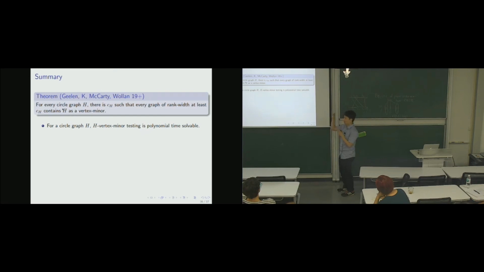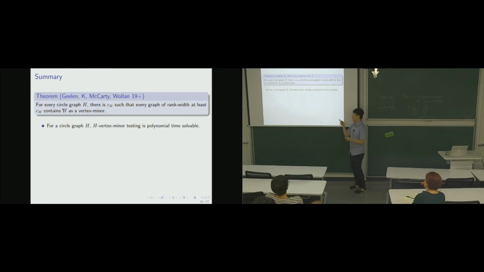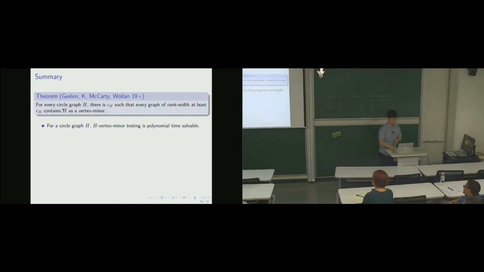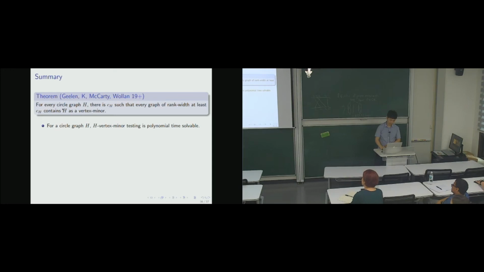So there should be some function there, so you just test whether the graph has rank-width larger than this number or not. If the rank-width is larger, then you just have this. Otherwise, you have bounded rank-width, and then by monadic second-order logic, you can test the H vertex-minor.